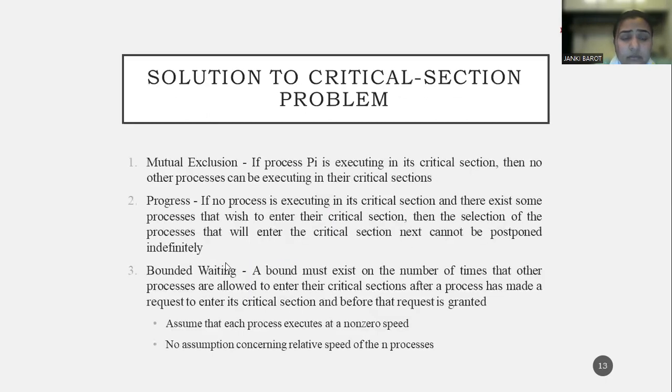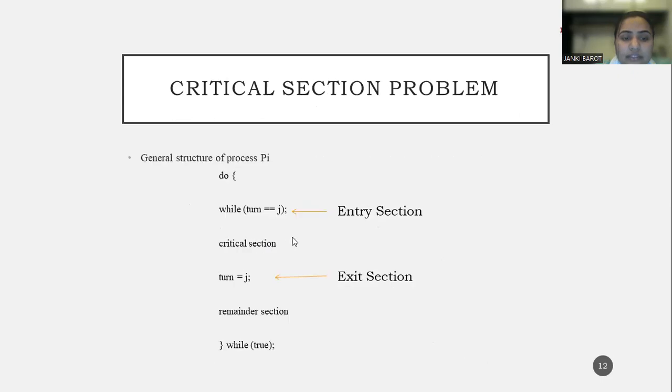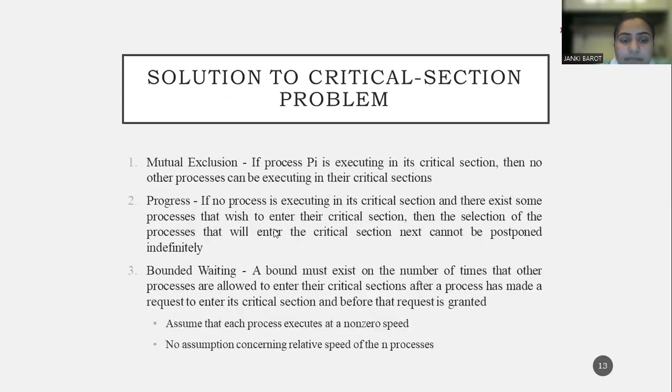So mutual exclusion means both processes will mutually decide. Progress means that through the entry section, another process must be able to enter.